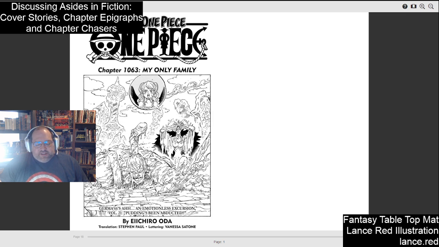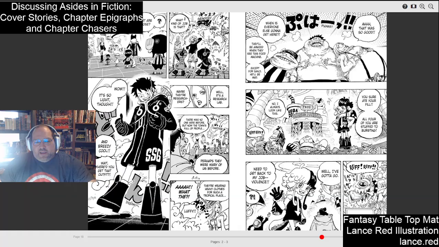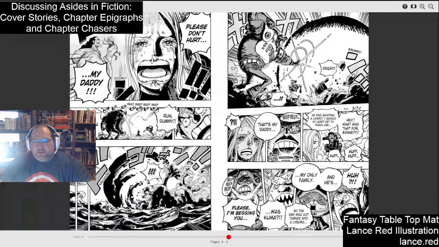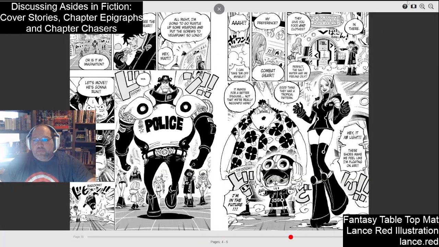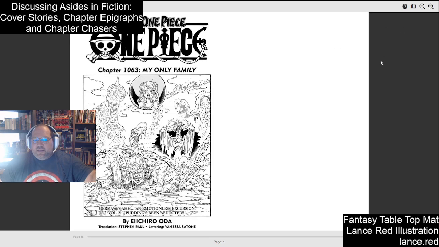I want to call her Branch. That's what Luffy calls her. I'm totally blanking on her name. And we have Pudding up here. And then you skip through, and you get the regular chapter where the Straw Hats are on a completely different island. And all we get from the chapter pages is an entirely separate story.